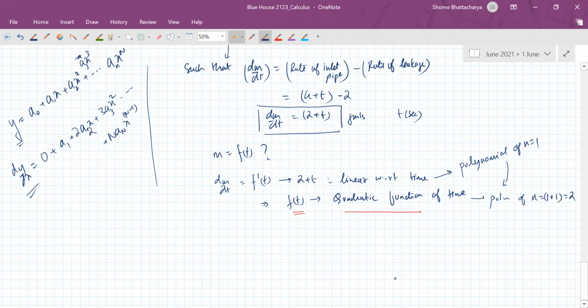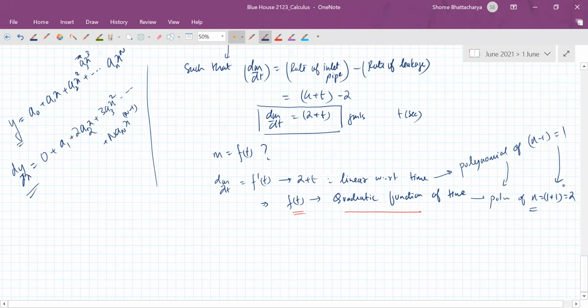It has to have degree 2. Understood? In fact, you can say that if this has a degree n, then the derivative should have a degree of n minus 1, and that n minus 1 is equal to 1. So therefore, n is equal to how much? It's 2. So it's a quadratic function.